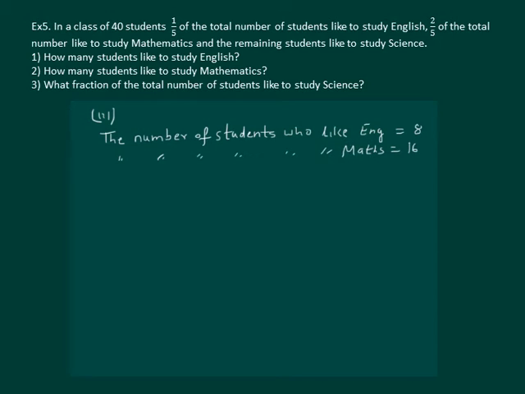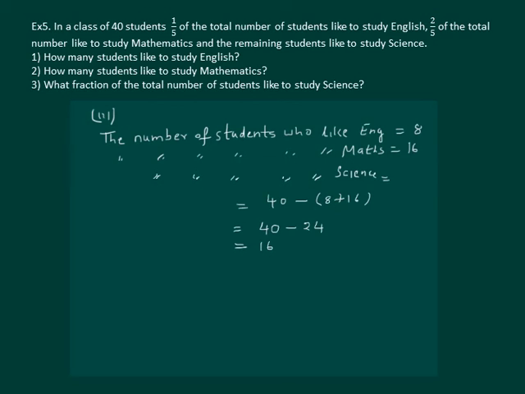Now to find number of students who like science, we can calculate by subtracting 8 plus 16 from the total number of students, which will give us 40 minus 24, which is equal to 16.